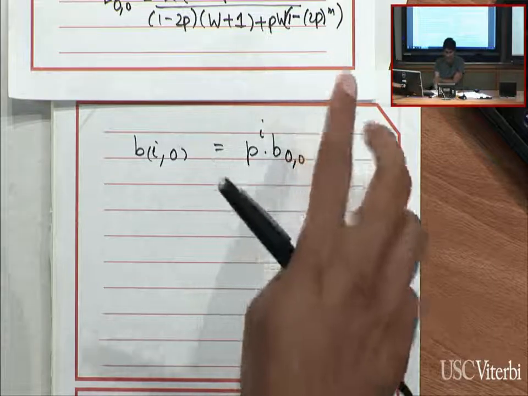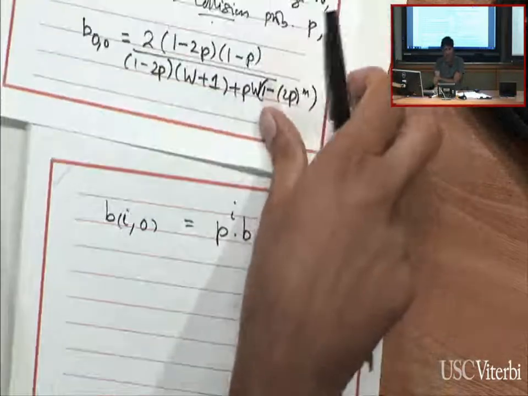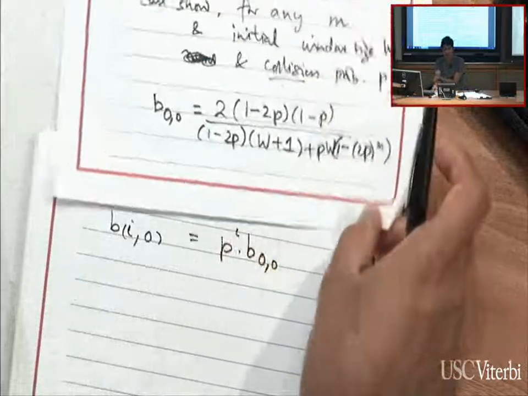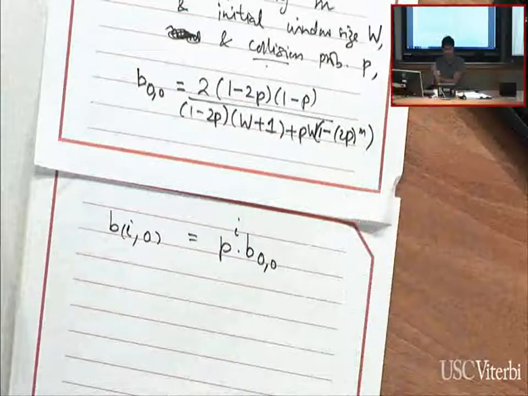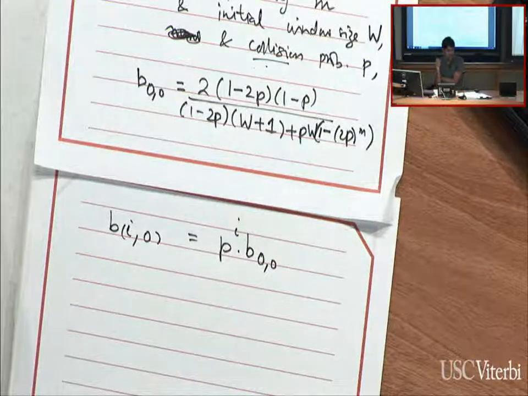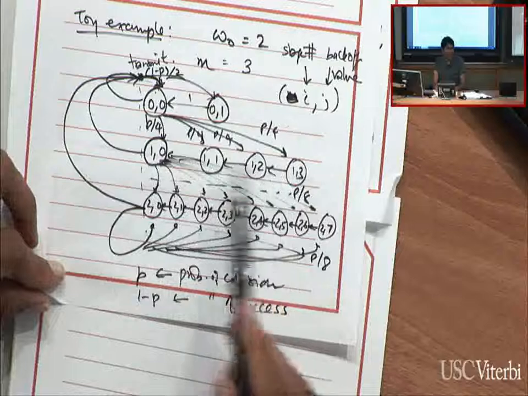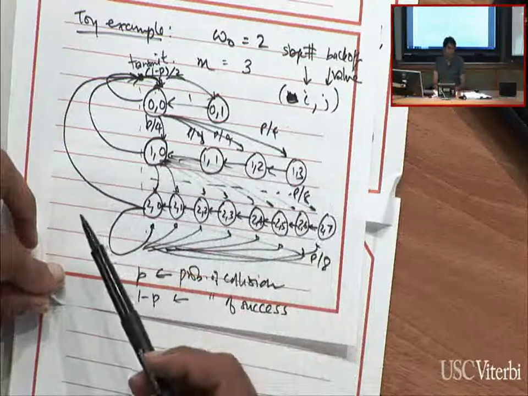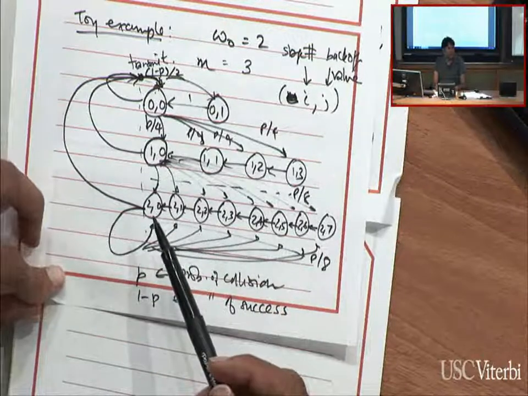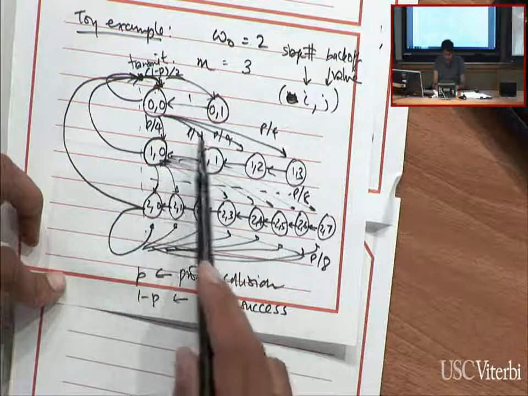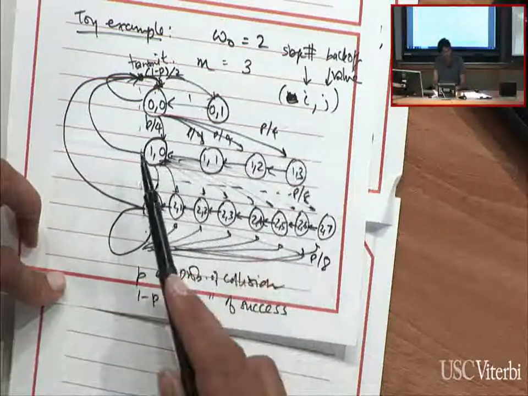The derivation of the steady state probabilities, which we've skipped, turns out to be tractable for this problem because of certain regularities in the system. In particular, if you notice, there's a whole bunch of edges here which just have probability 1. That really simplifies the calculation of the steady state probabilities. And all of these transition probabilities are the same value.